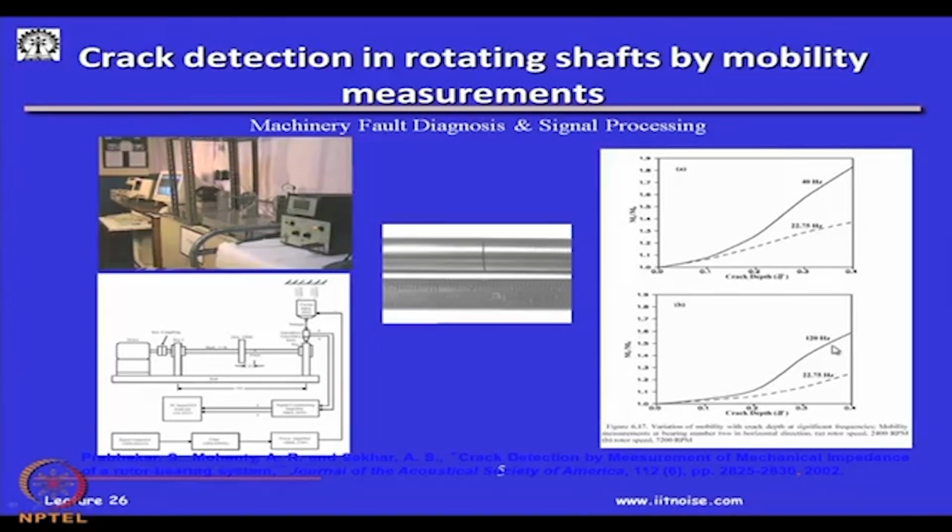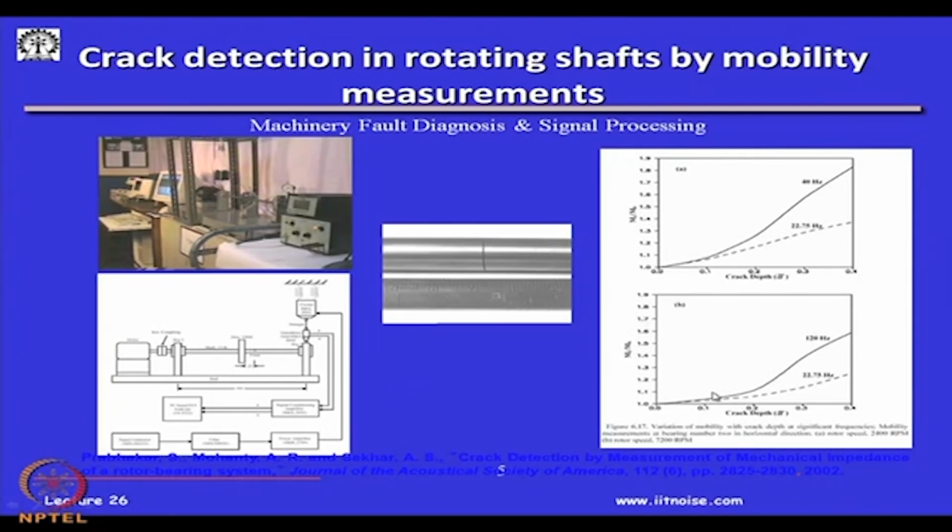And this is a good indication that by monitoring the mobility of a system, I can tell that the system has undergone a crack. Just by monitoring vibration, I would not be able to tell whether a shaft crack has occurred. And this is actually published in one of our journal papers.